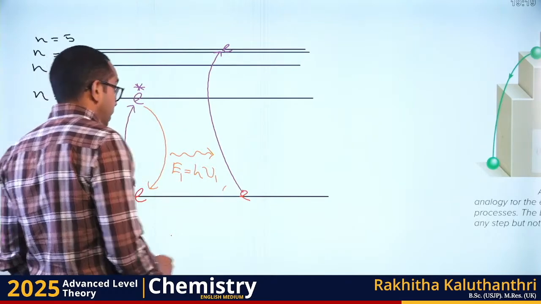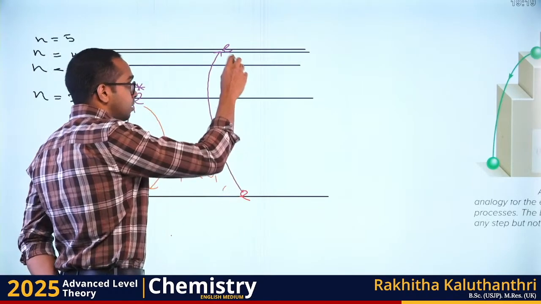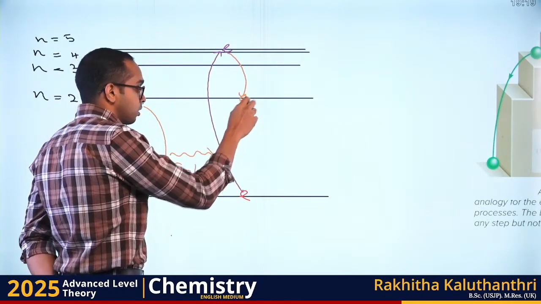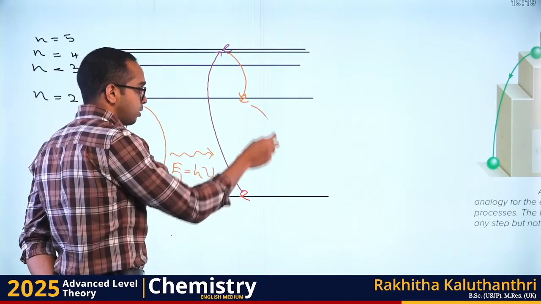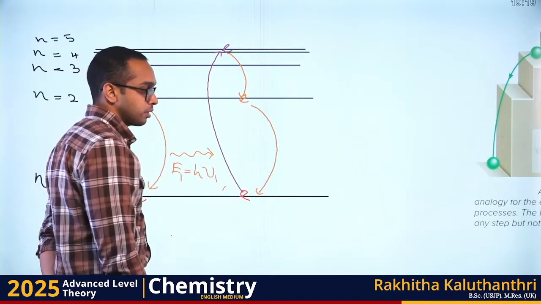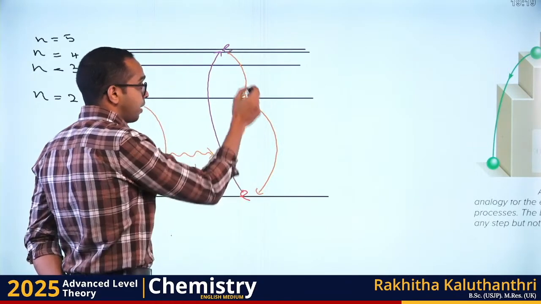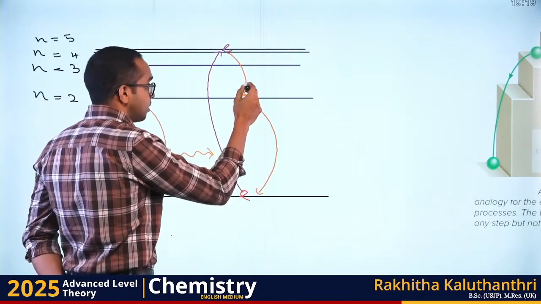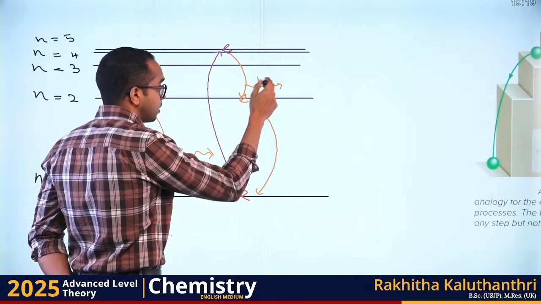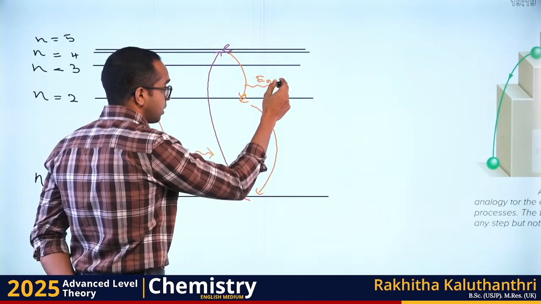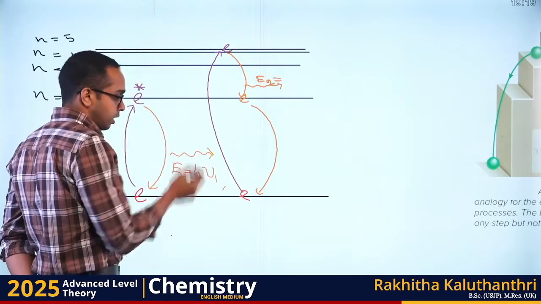So it might, just to show you, fall down to the second energy level and then to this energy level. Imagine the energy gap between the 5th and the second energy level is different to the energy gap between the second and the first.